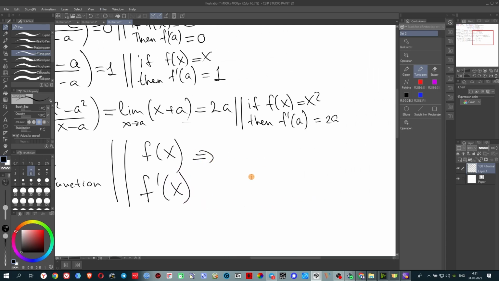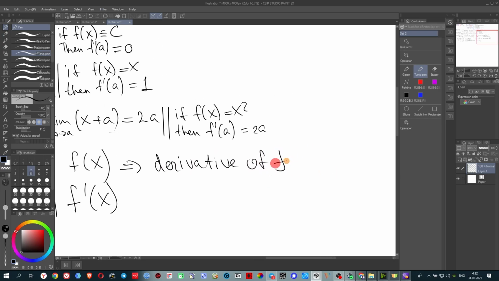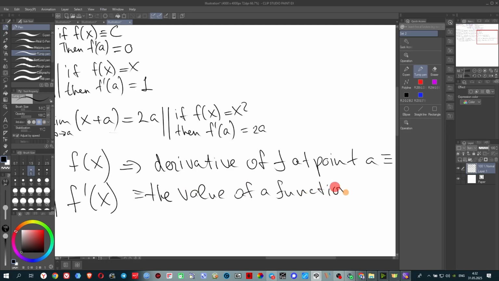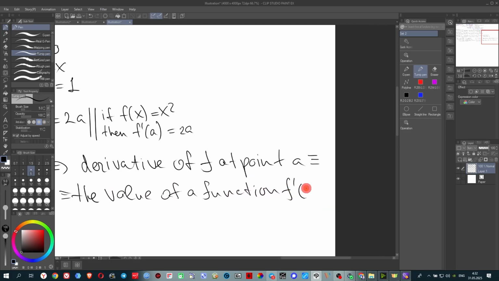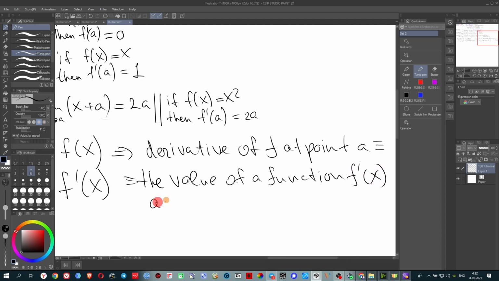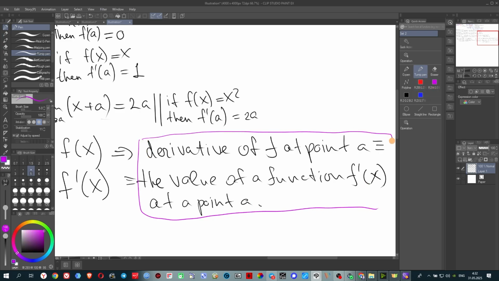For example, if I want to calculate the derivative of f at some point A, it is exactly the same as the value of the function f prime of x at the point A. So please tell me, it's an important thing, it's very simple, but some students have issues with this idea.